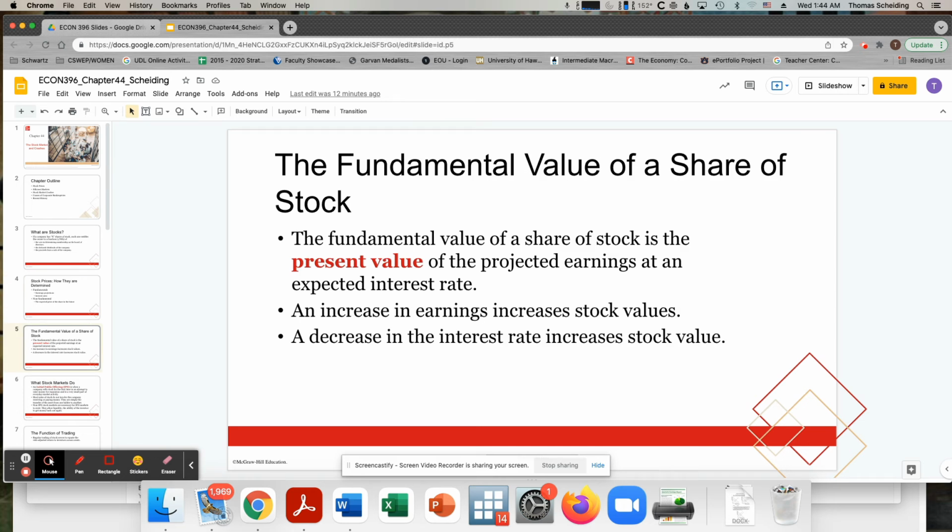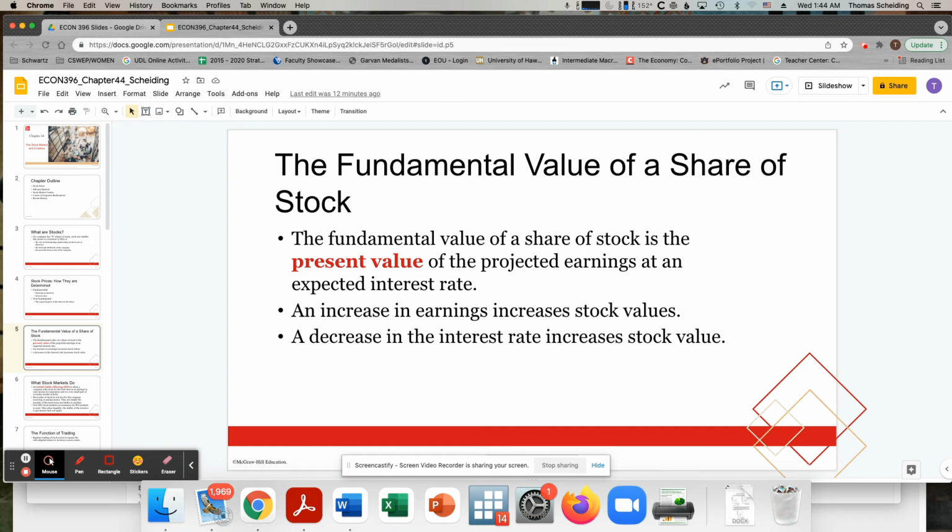And so, when we go back to the fundamentals, the quantitative part, we basically are trying to predict what the earnings are going to be in the future, and then we take the present value of those earnings that are going to be earned in the future. If we think that earnings are going to keep going up, then the stock value is going to increase.